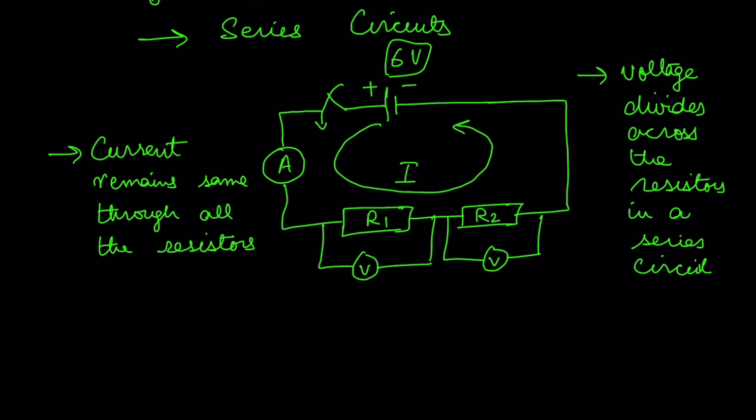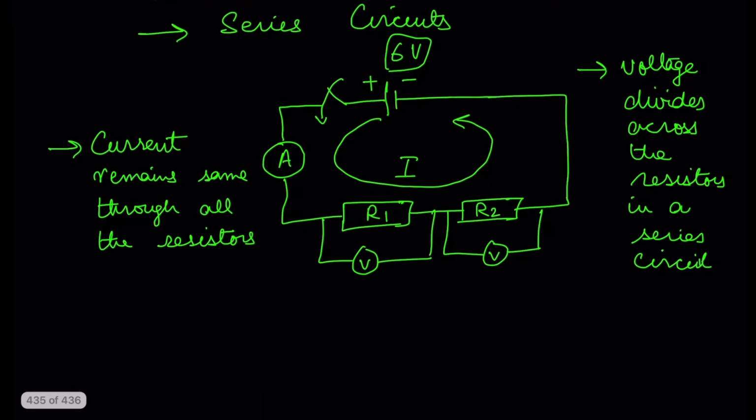So if 4 volts will be dropped across R1, then the remaining 2 volts will be dropped across R2. Or if 3 volts are being dropped across R1, the remaining 3 volts will be dropped across R2. If 1 volt is being dropped across R1, then the remaining 5 volts will be dropped across R2. So that's how the voltage divides in the series circuit.